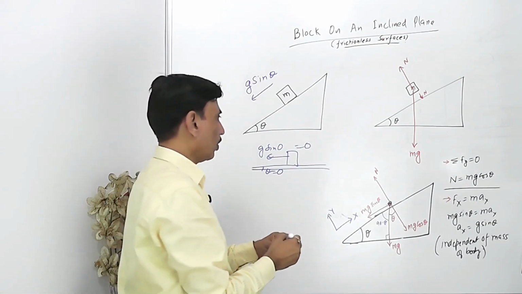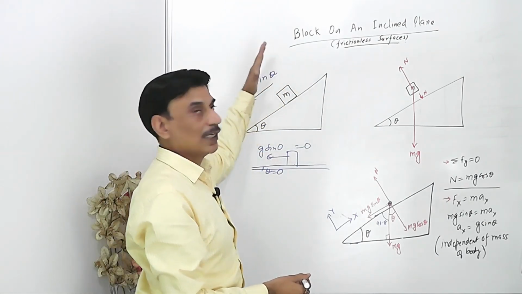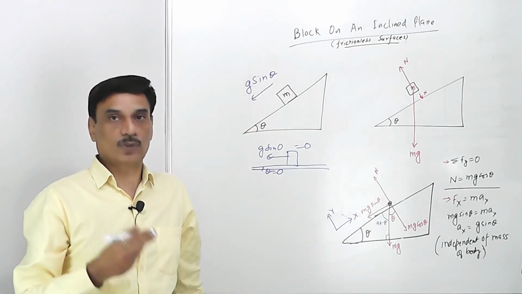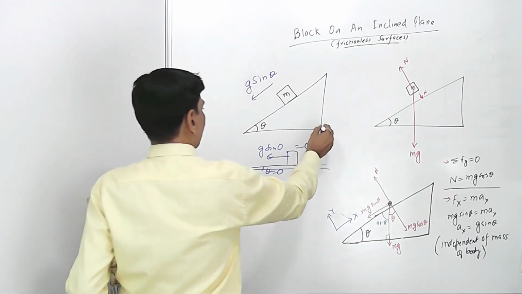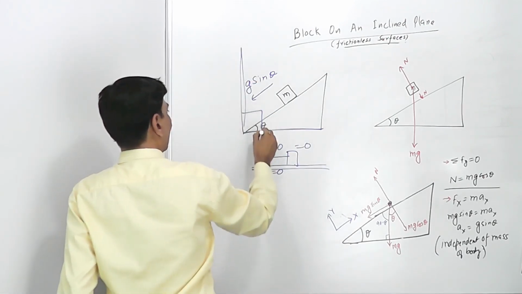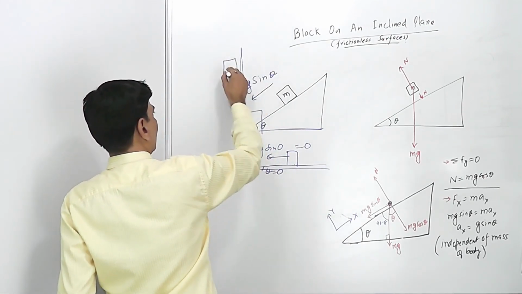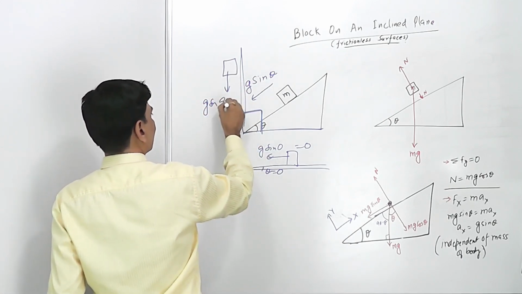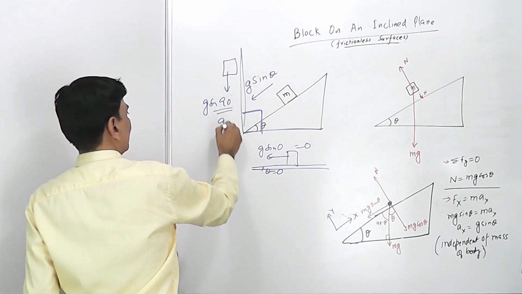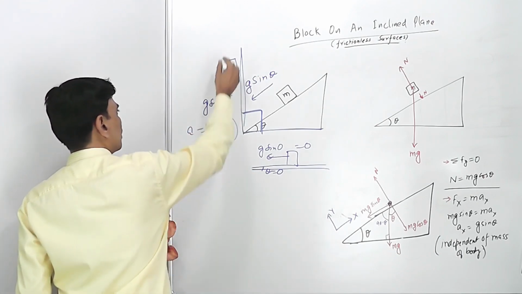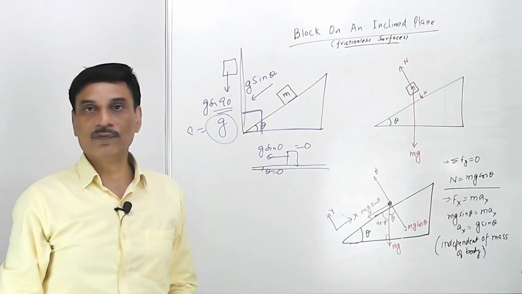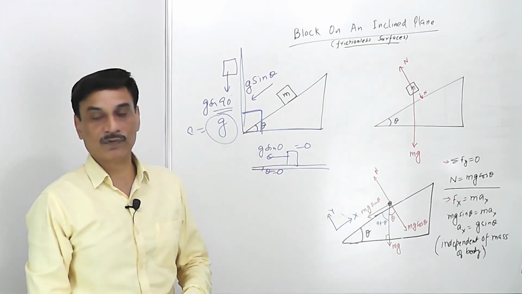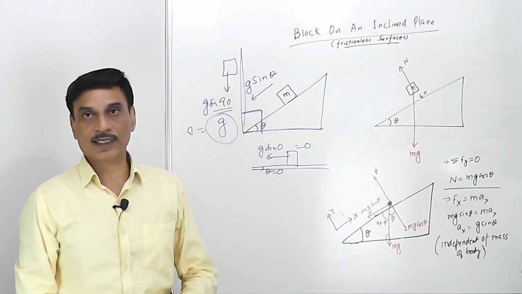If we keep on increasing this angle, sin theta from 0 to 90 is continuously changing. And if we make this an angle of 90 degrees, g sin 90, and sin 90 is 1, so the block will be accelerating down with the value of 9.81 meter per second square or 10 meter per second square, that is, with the value of g, it will start accelerating downwards.